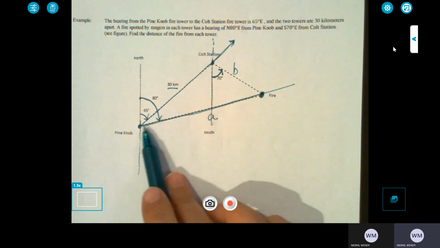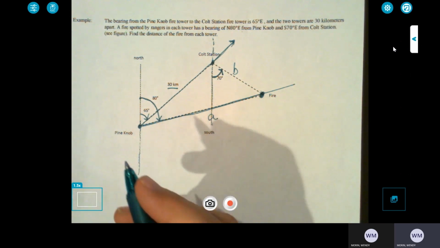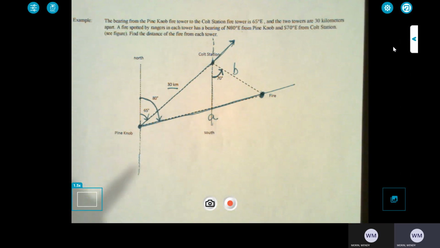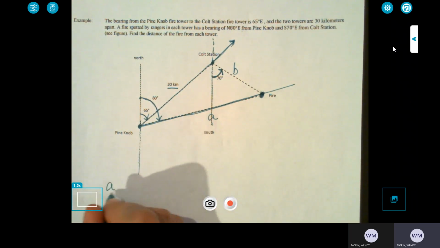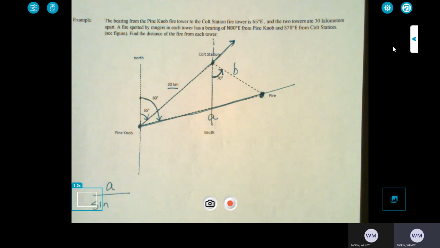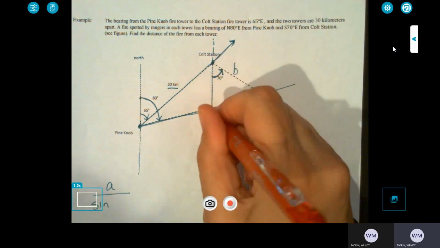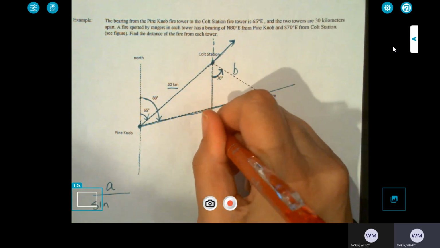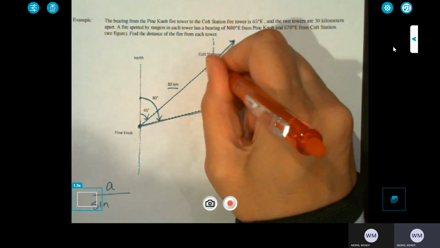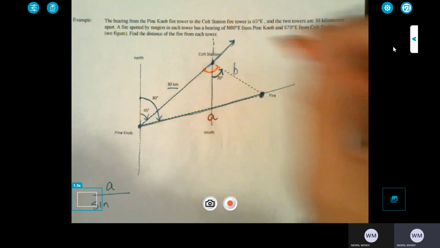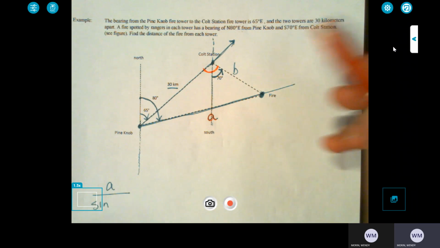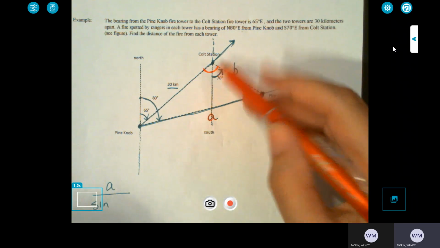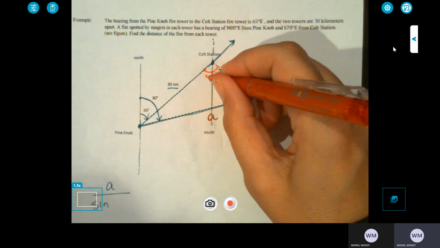Okay, so if A is our unknown, I'm going to start with A. A is to the sine of the angle directly across. So if this whole side is A, then we have to be able to find this angle here. So can we find that angle? We know part of it is 70, but what is this part right here?